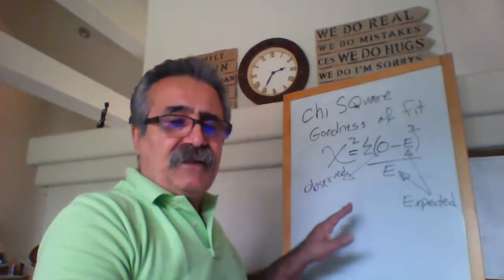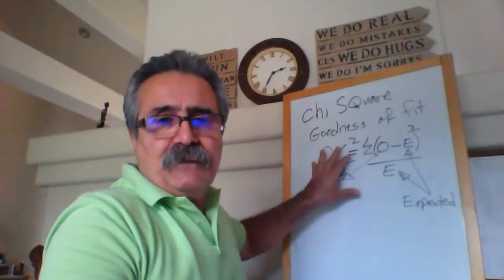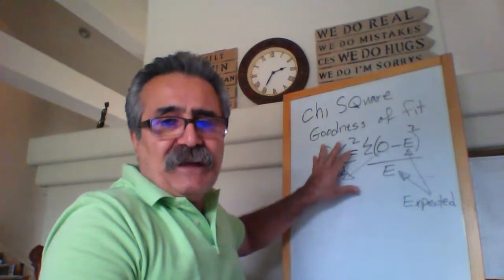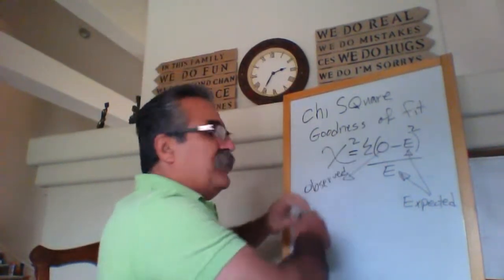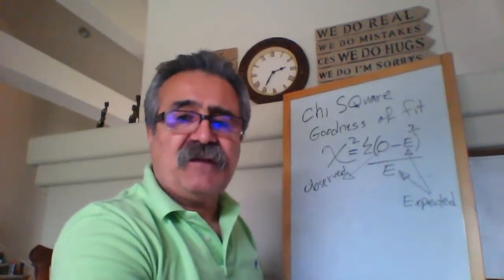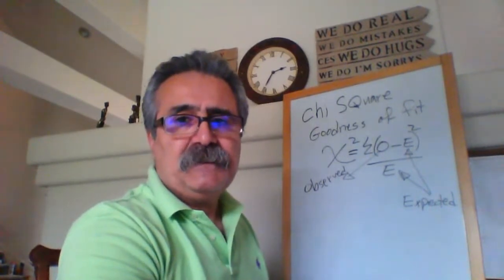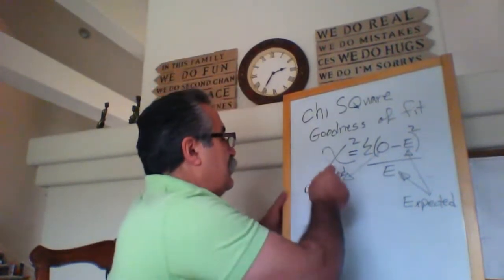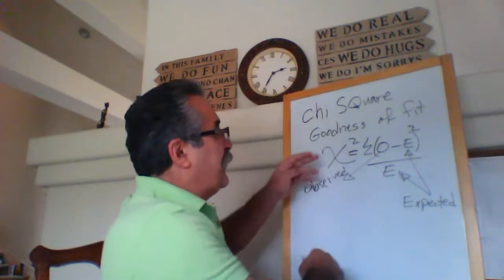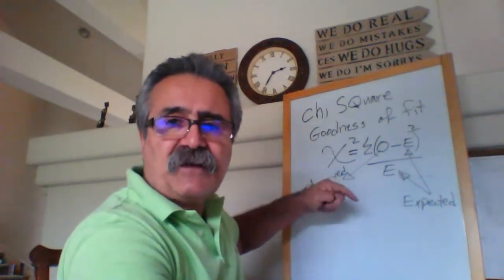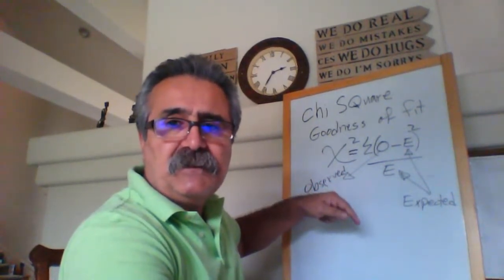When we calculate the chi-square, we go ahead and compare it with the chi-square of given alpha. So we compare our chi-square against chi-square of given alpha.